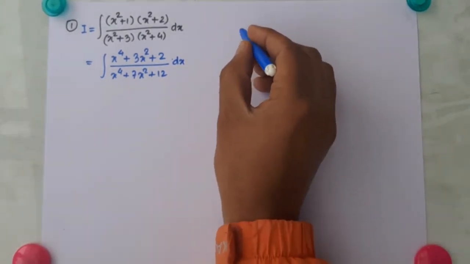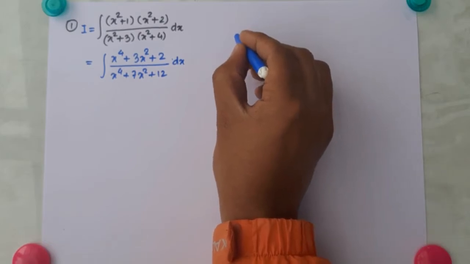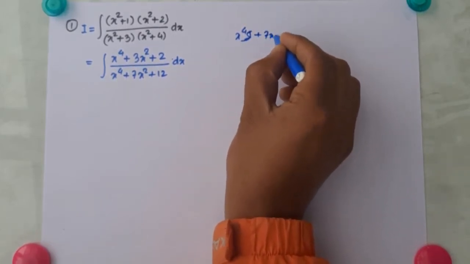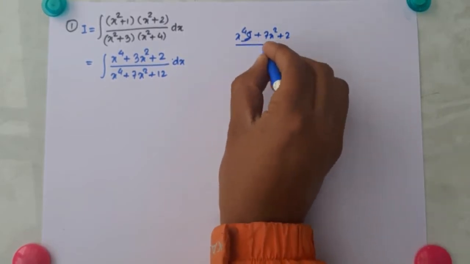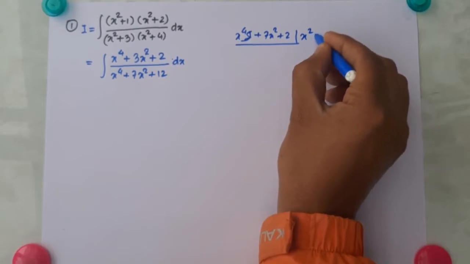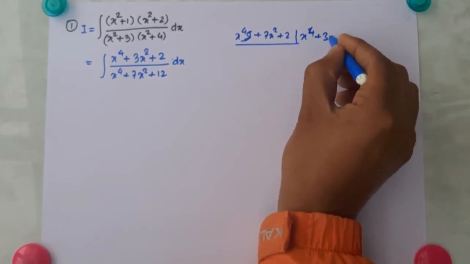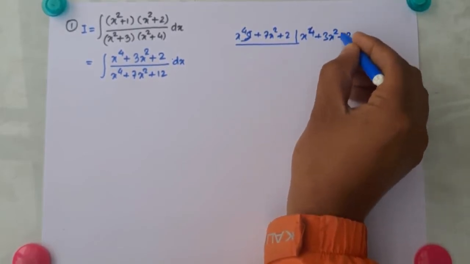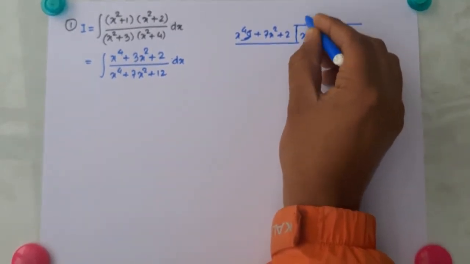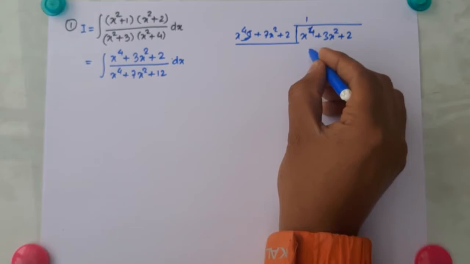When you divide x to the power 4 plus 7x square plus 12 into the numerator x to the power 4 plus 3x square plus 2, first you get x to the power 4, so you multiply only once.